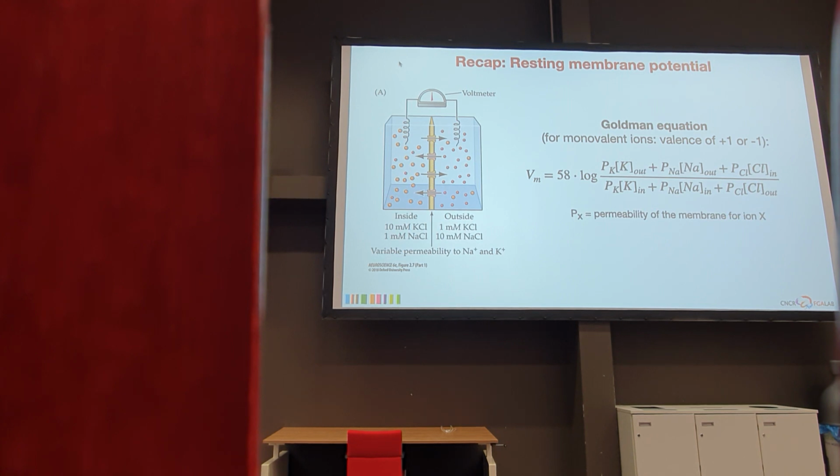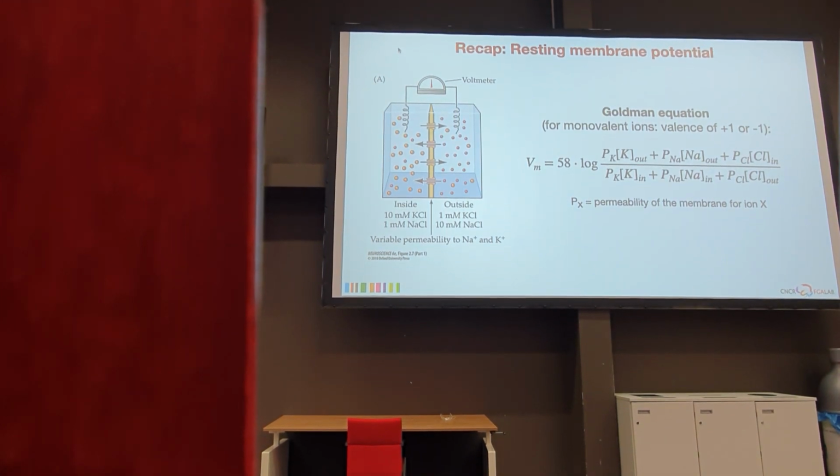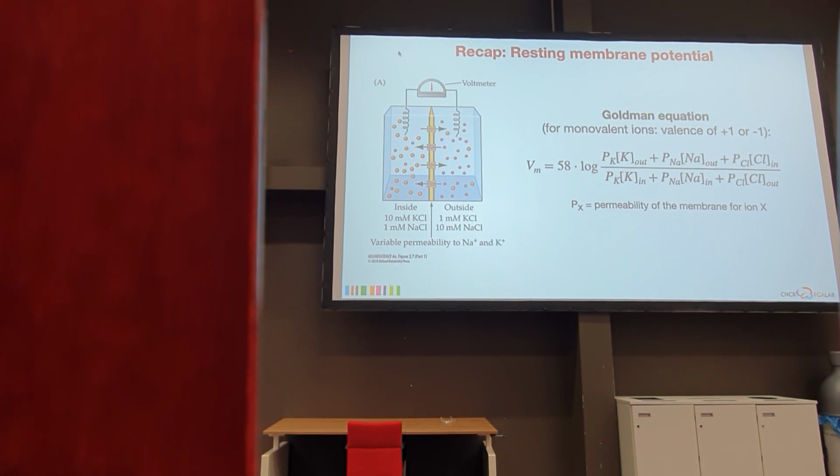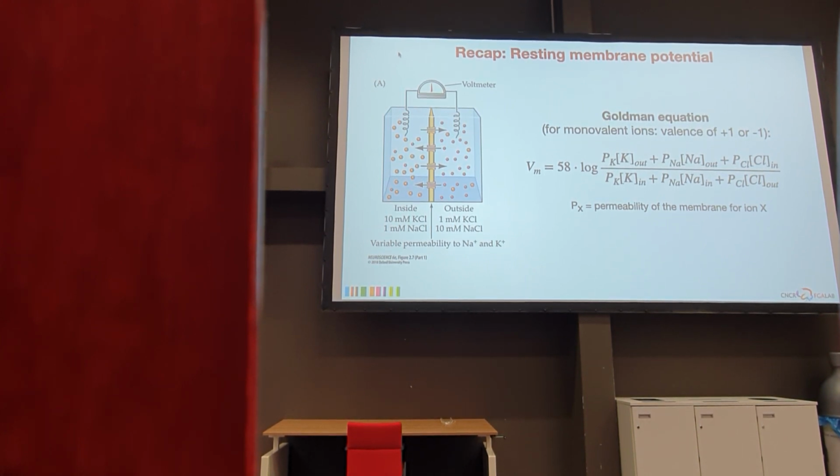Basically it is an extension of the Nernst equation, but now with several ions, and also the permeabilities of the ions. That is very important. What is the permeability? That is actually how well these ion channels conduct the particular currents.